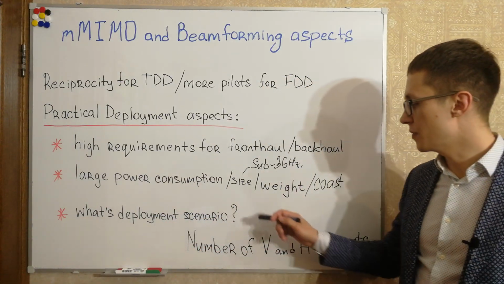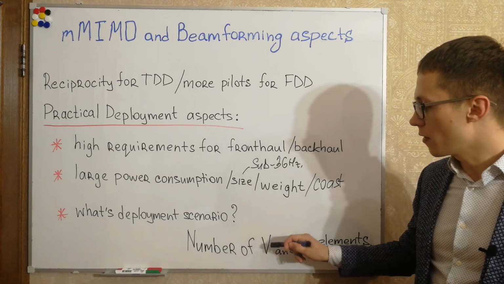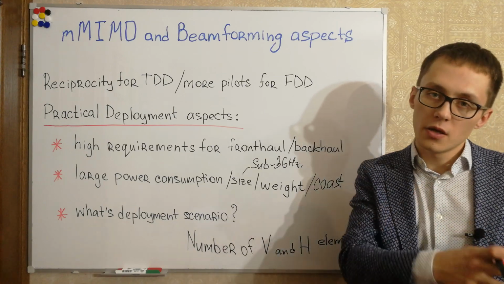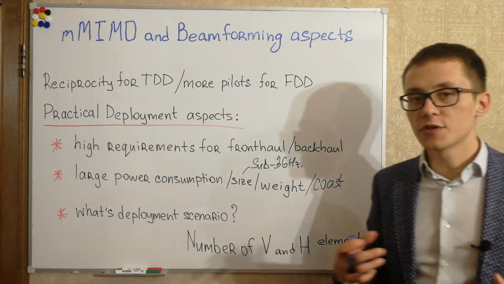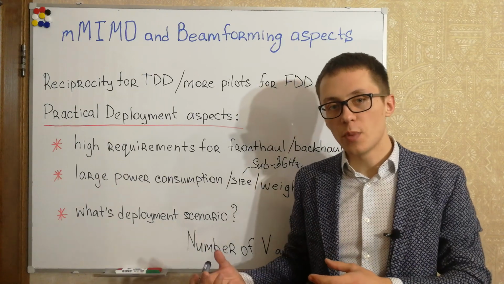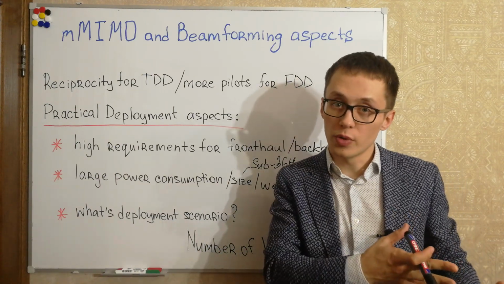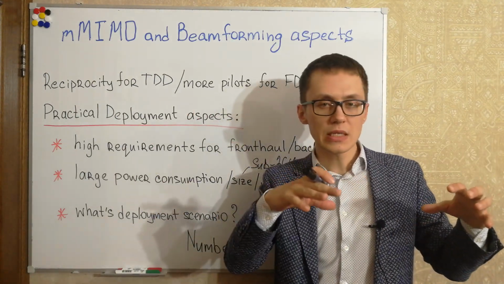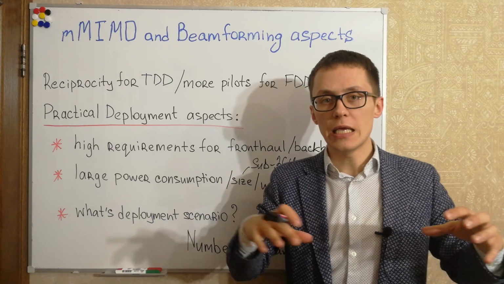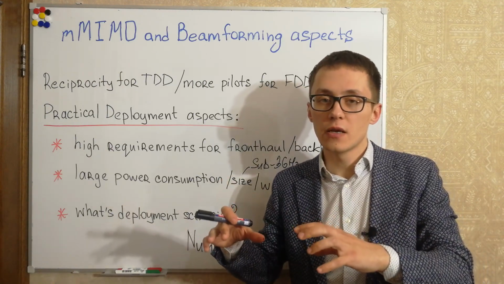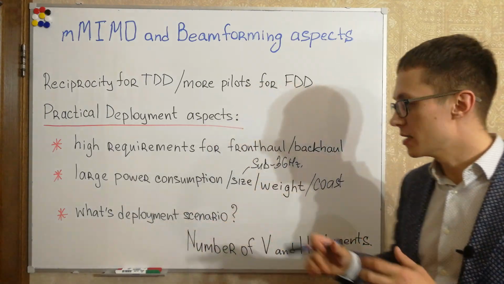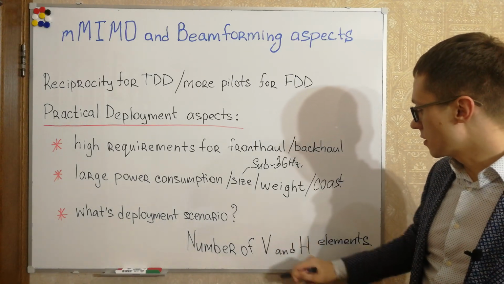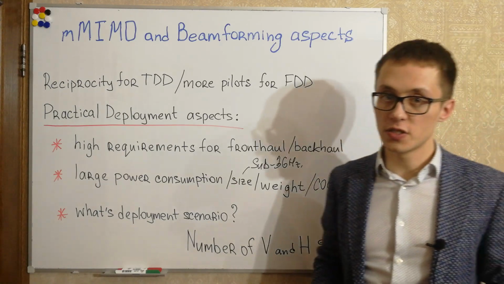Another point is, before deploying Massive MIMO antennas, you should think about what the deployment scenario is, because it will impact the number of antenna elements in the vertical or horizontal direction. For example, you need to deploy Massive MIMO antennas for a dense urban environment where there are a lot of high buildings, skyscrapers, and you need to serve users mainly in vertical directions. So in this case, you need to have more vertical antenna elements for such a system.